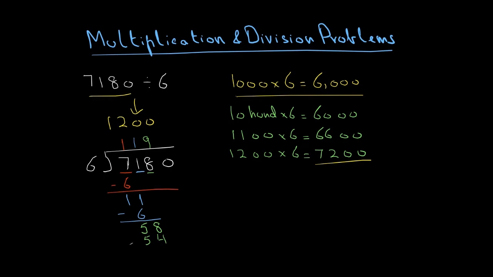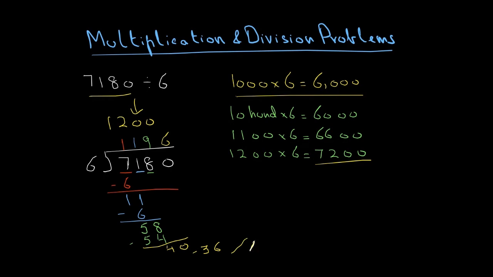And now when I subtract this off, I'm going to be left with 4 tens, and the 4 tens I can interpret as 40 ones. For the 40 ones I can give away 6 to each child, and I would have given away 36 ones, and I would still be left with 4 ones right at the end.